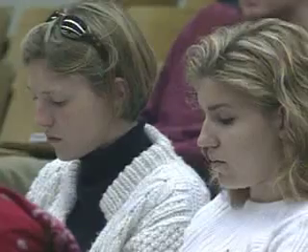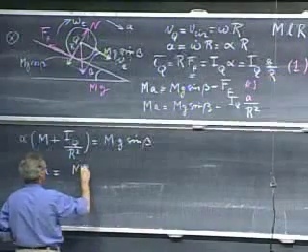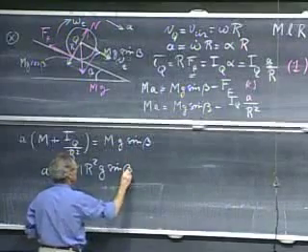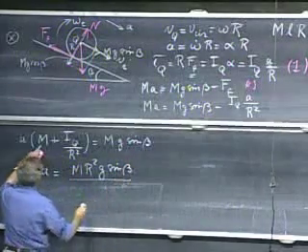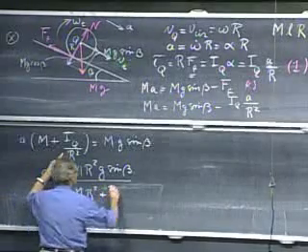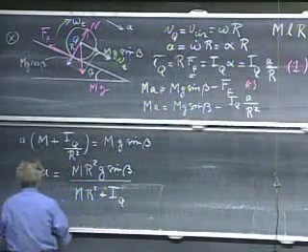Multiplying both sides by r squared, I get m r squared g sine beta upstairs, and downstairs I get m r squared plus the moment of inertia about that point Q.